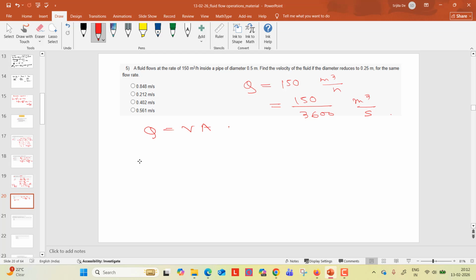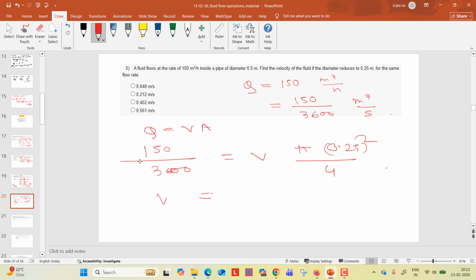So for the first pipe the diameter is 0.5 meter, and we find the velocity when it is reduced to 0.25 meter. Now we know Q, that is 150 by 3600 equals V into A. A is pi 0.25 square by 4, right? Now what is V?